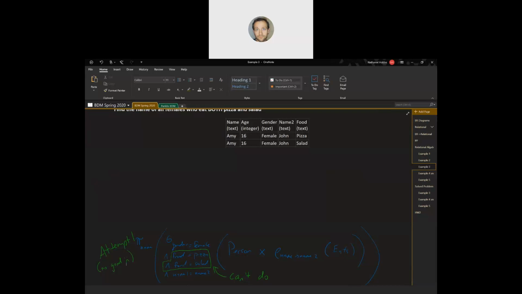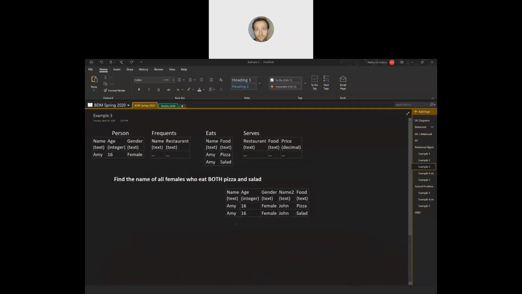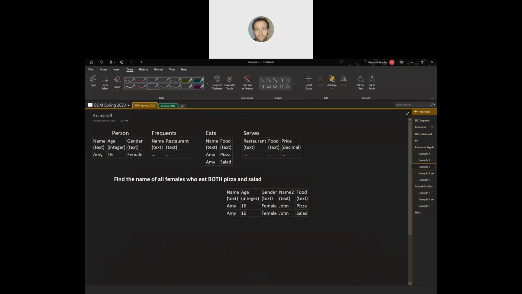So Jamie, I see your answer just above, and that looks right to me. So I'm going to write it out here. Jamie said that you still have the same pi name, sigma gender equals female, and name equals name 2, and food equals pizza.